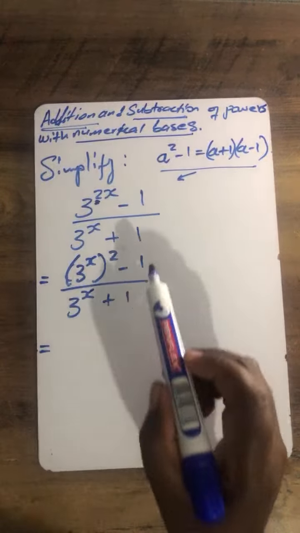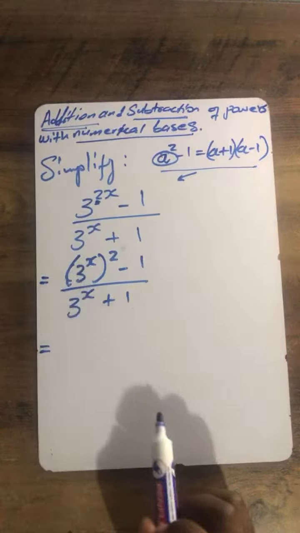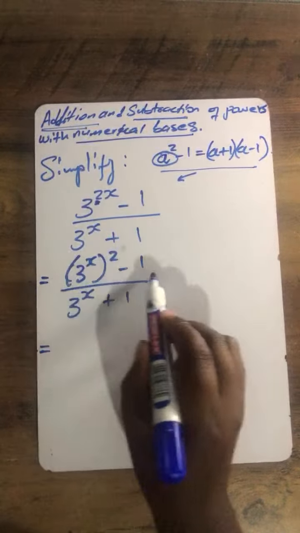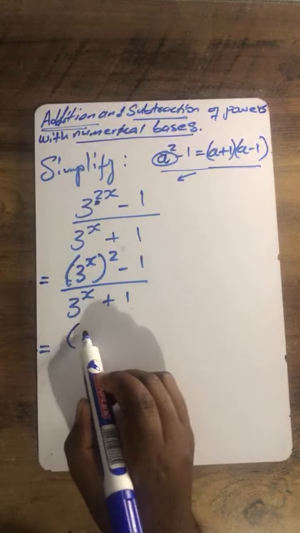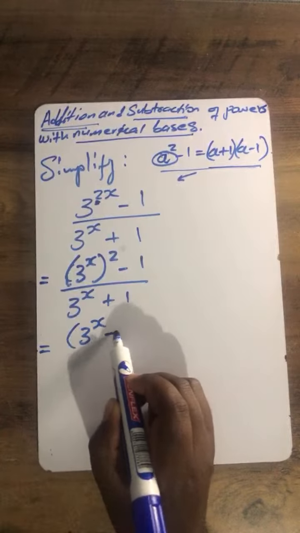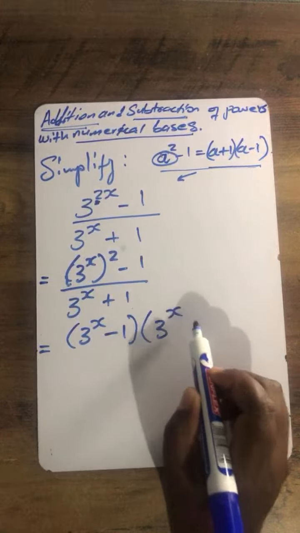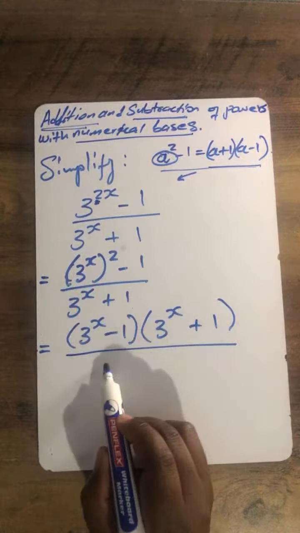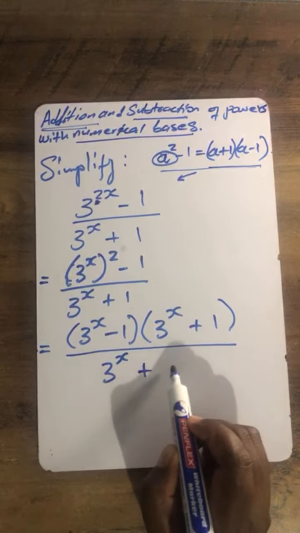So can you guys see that it's 3 to the exponent x. So that means actually this thing can be factorized in that format where you say you have 3 to the x minus 1, and then you say 3 to the x plus 1, and then the whole of that is 3 to the exponent x plus 1.